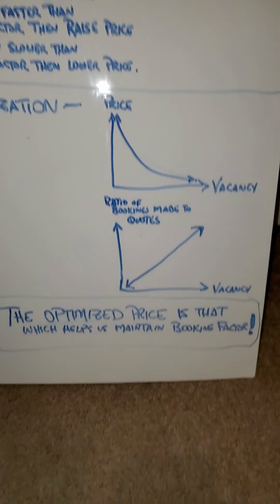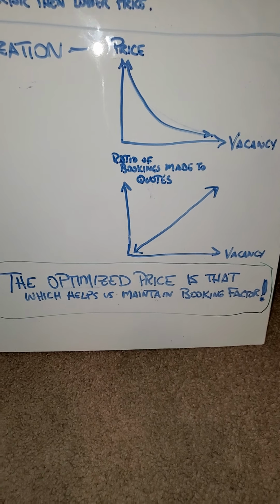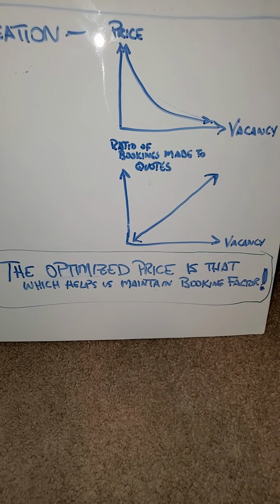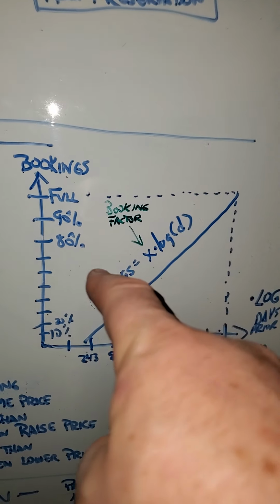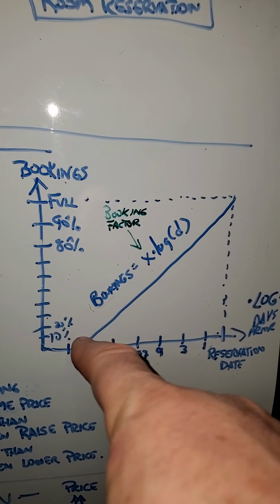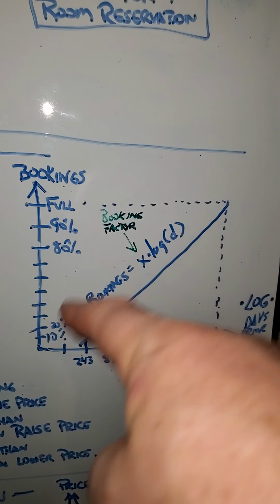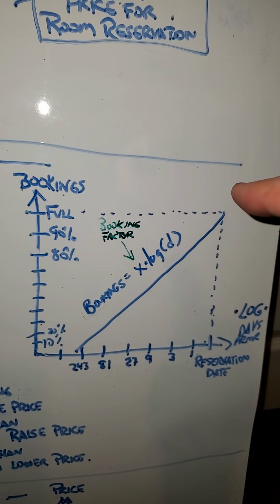But in the end, the optimized price, and that's what I wrote down here, is that which helps us maintain the booking factor. So I'm going back to this as my guide for determining whether we raise prices, if we're going too fast up here, or lower them if we're going too slow down here.